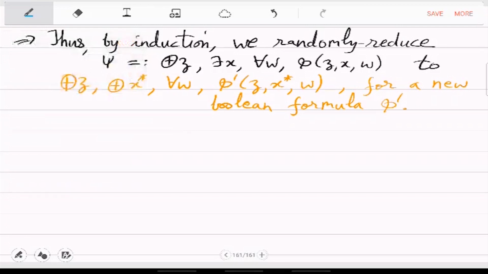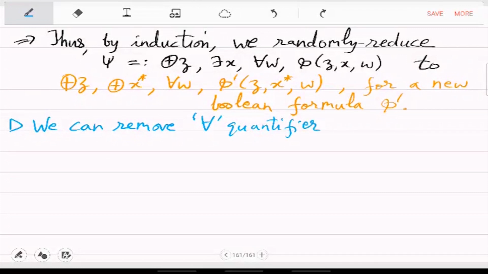Also, we can remove the for all quantification by using the following property.